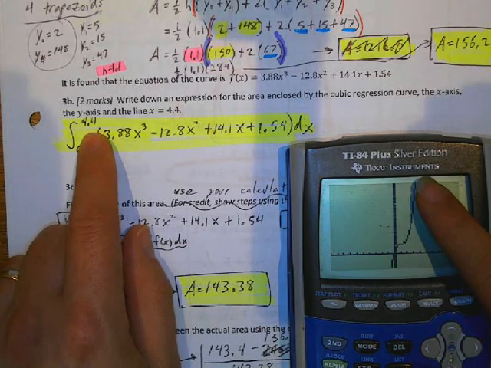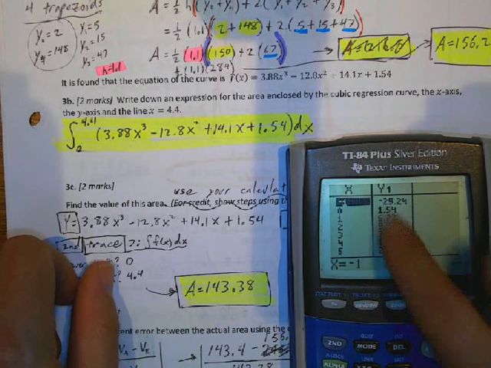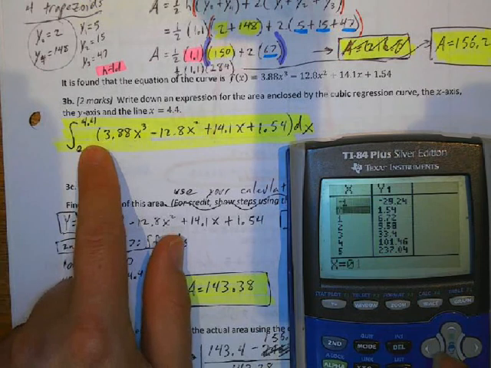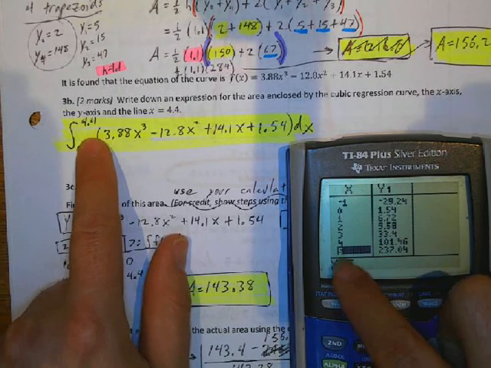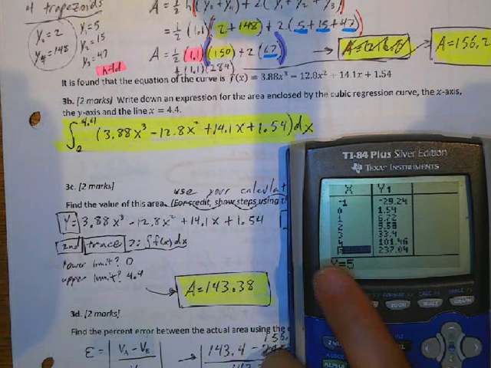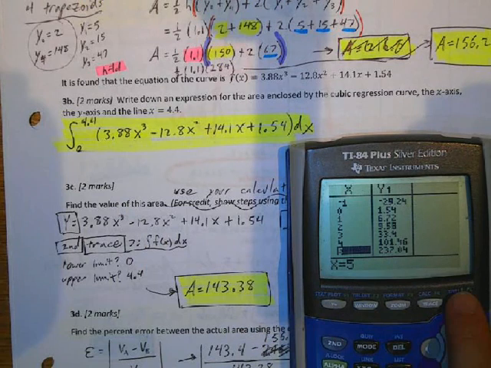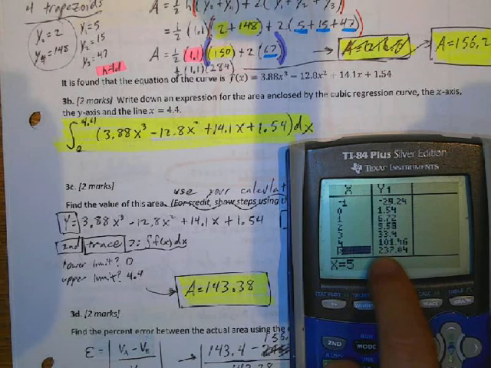But if I do second graph, I can see a table, and I know I need to get higher than my upper boundary of 4.4. So if I go to 5, my value is 237. So doing second graph to get the table tells me where the upper part of my window should be.